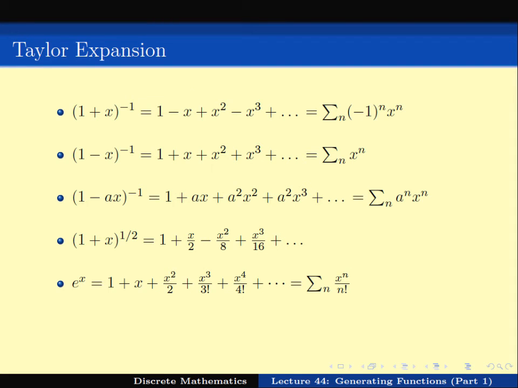And there are also Taylor series for things which are not polynomial, like e power x, which is 1 plus x plus x square by 2, and so on, which is basically sum over x power n by n factorial. So these are called the Taylor series expansions for functions which are not necessarily polynomials. So most functions that you have can be written as a polynomial or in the Taylor series expansion.